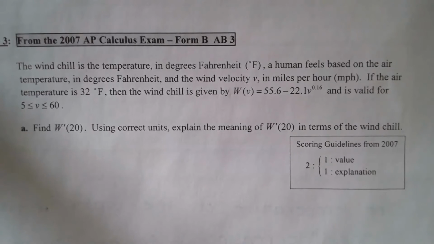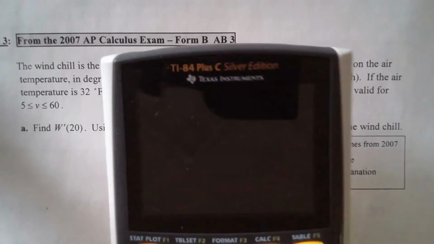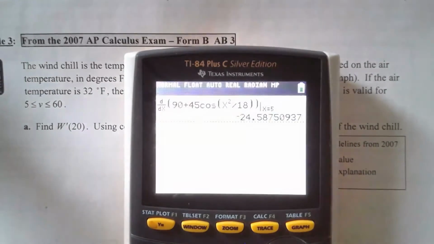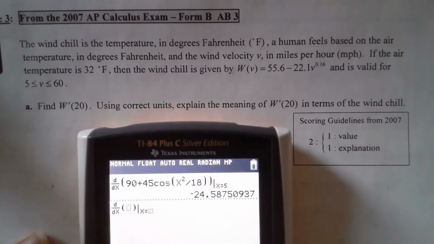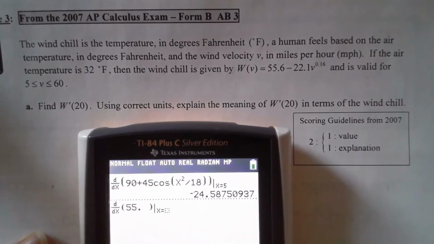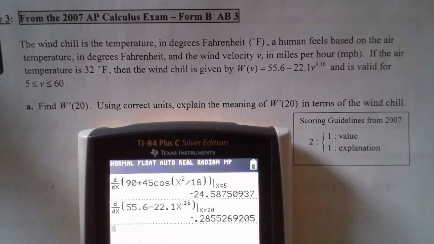So again, if we're just looking for W prime of 20, all we're going to do is take out our handy dandy calculator, go to Math 8, and find our derivative of our function at our point.